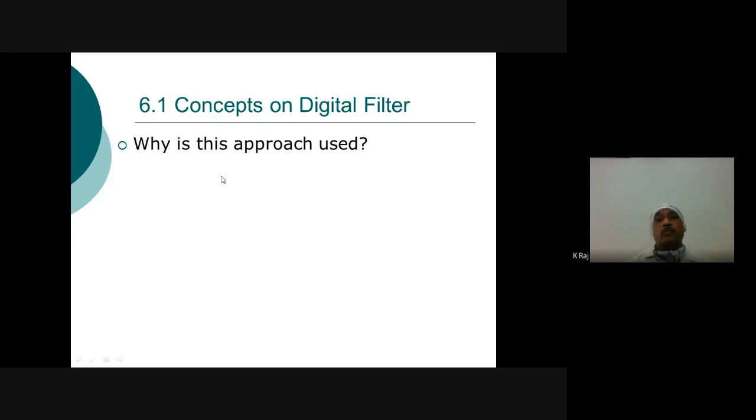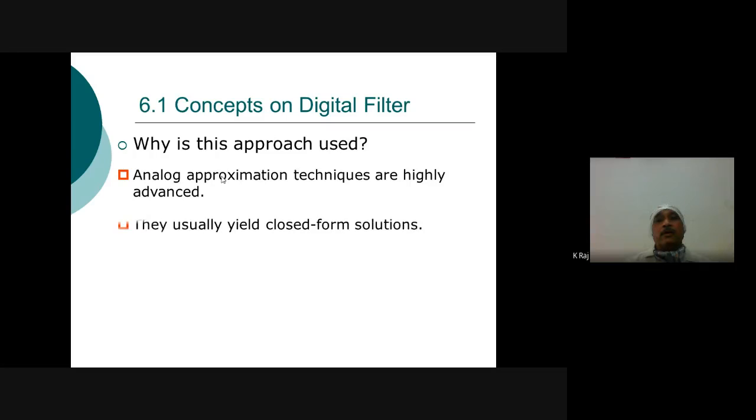Why is this approach used? First we design the filter in the analog domain, and then we transform the designed filter into the digital filter. Why are we using this approach? Analog approximation techniques are highly advanced, and they usually yield closed form solutions.